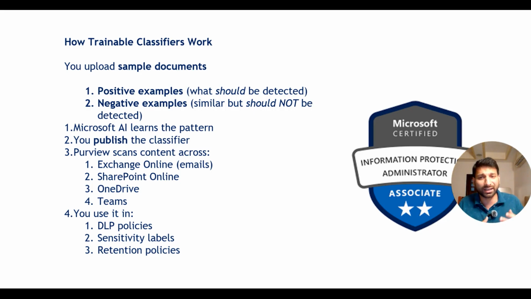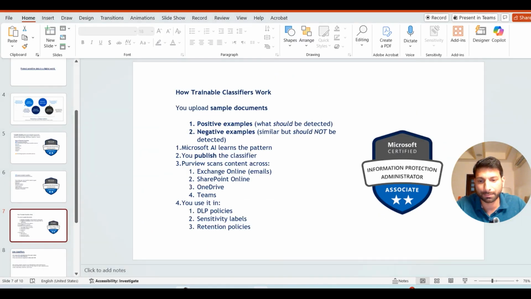Purview scans content across Exchange Online, SharePoint Online, OneDrive, Teams, and all this. It searches for similar data, and classifies it. Later you can use this classified data in DLP policies, sensitivity labels, and retention policies. So that's about trainable classifiers.